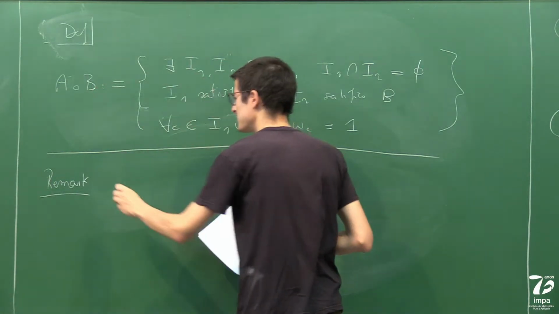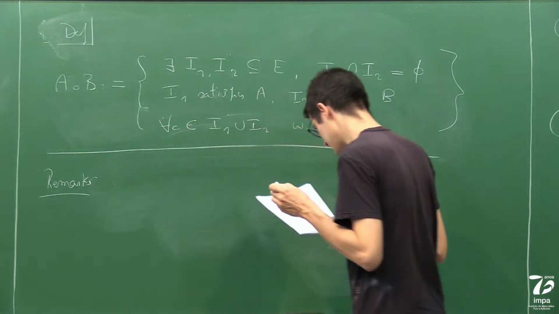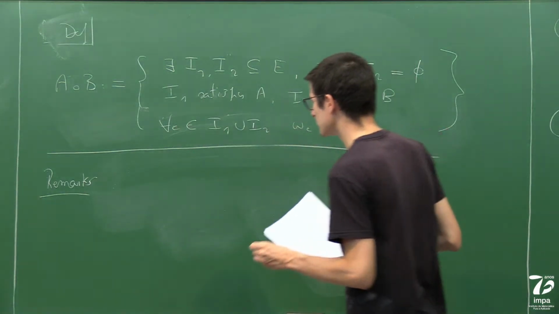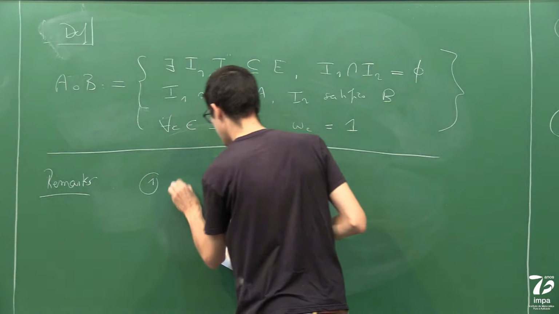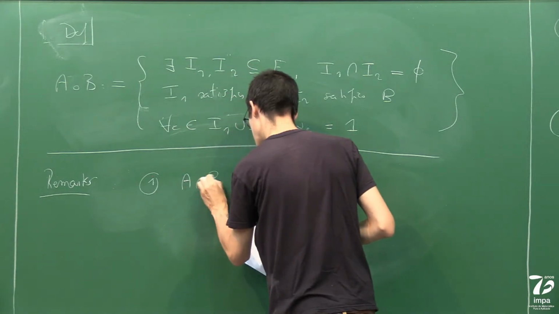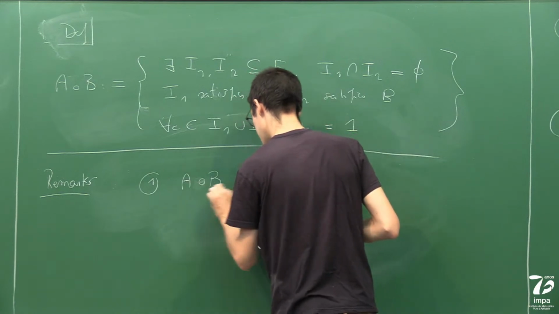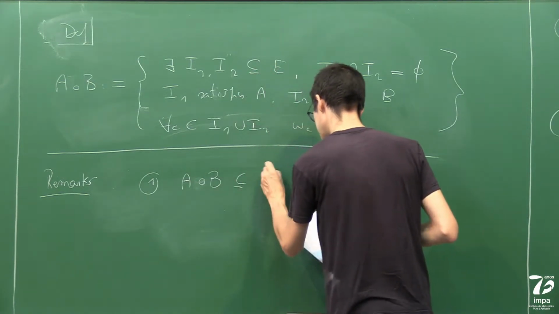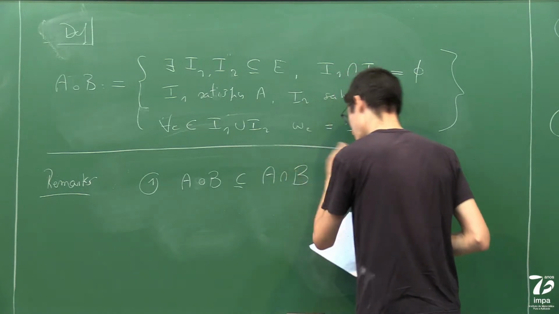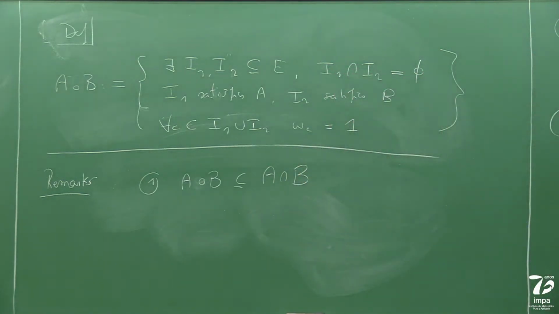Okay, two remarks. Maybe the second remark can be left as an exercise. So the first thing is that A circle B is always included in the intersection of A and B.